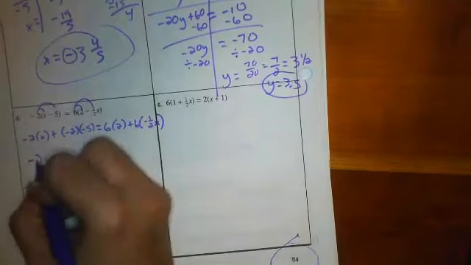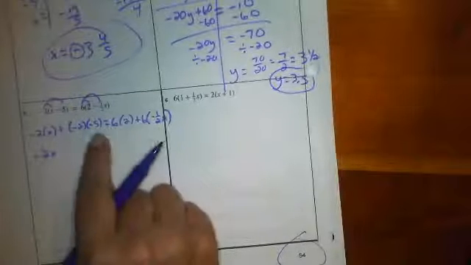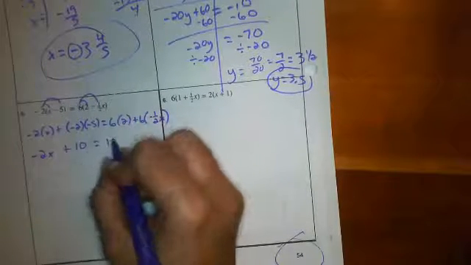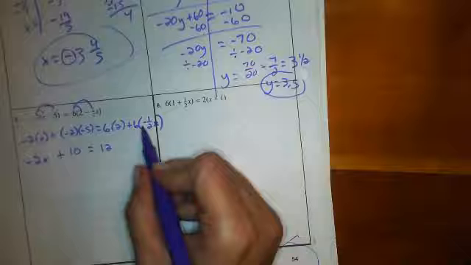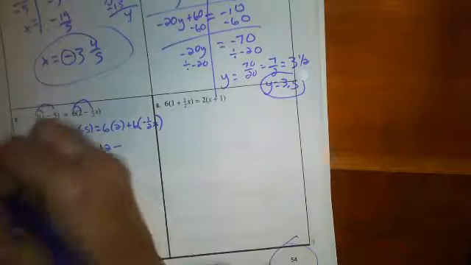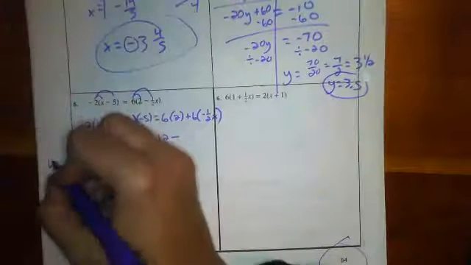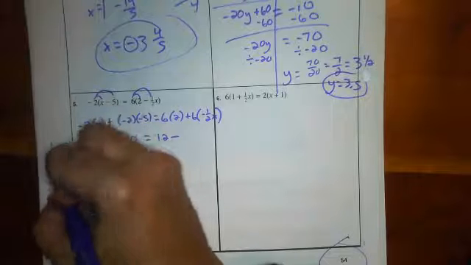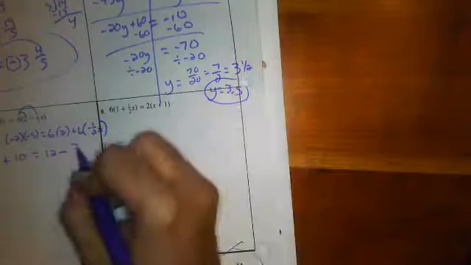That's negative 2x. A negative times a negative is a positive. 2 times 6 is 12. And a positive times a negative is going to be a negative, so I know that. And 6 times 1/2, if you don't know that, do it over here. That cross cancels. I'm left with 3. So that's going to be minus 3x.